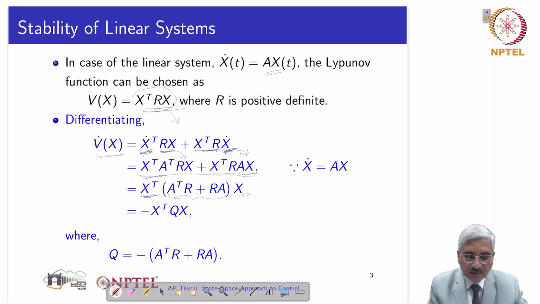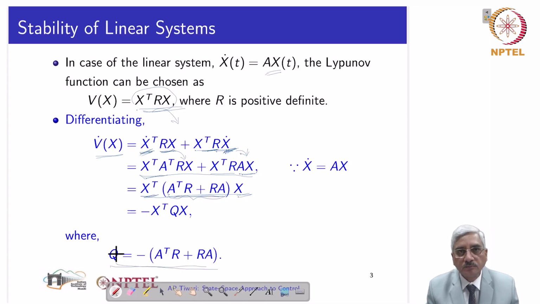So this expression reduces to this one, and there we denote A transpose R plus RA with minus Q. So we define Q as negative of A transpose R plus RA. Then this V dot x gets expressed as minus x transpose Qx.